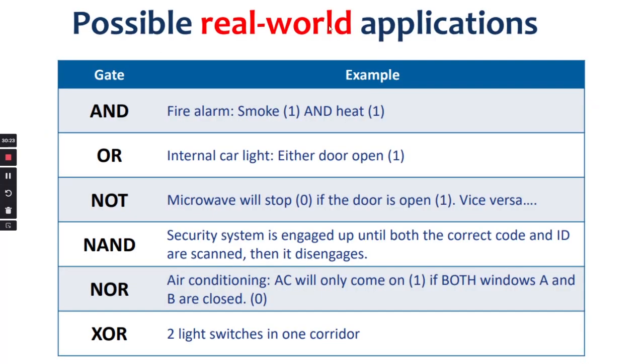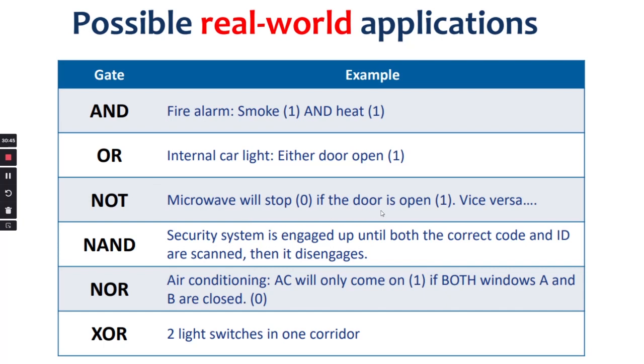These are possible real world applications for all the gates which you studied right now. For the fire alarm, smoke is positive, heat is positive, or either door is open, so it's giving a positive input.